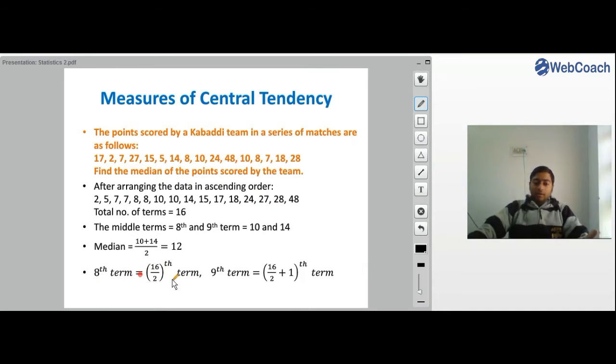And how do we find which term to look at when we are finding the median? You can see to find the 8th term we have just divided the number of terms by 2, and to find the 9th term we just added 1 to the earlier result, right?